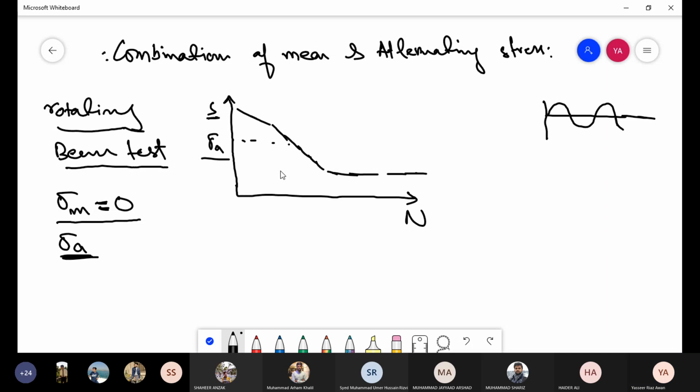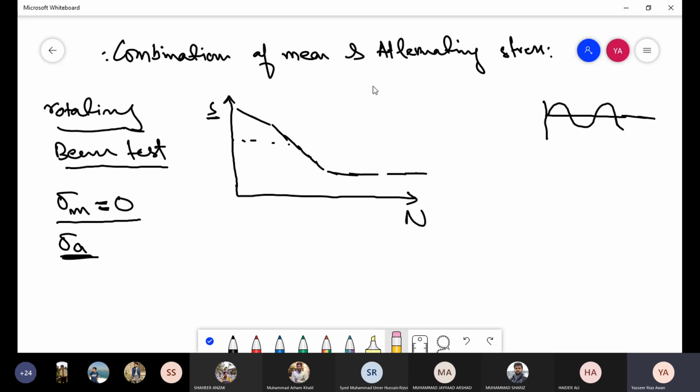Now at the moment we're just going to assume that we don't know the method of how to design with combination of mean and alternating stress, and we are faced with a problem in which there is some mean stress present. Okay? So we can maybe come up with our own method.